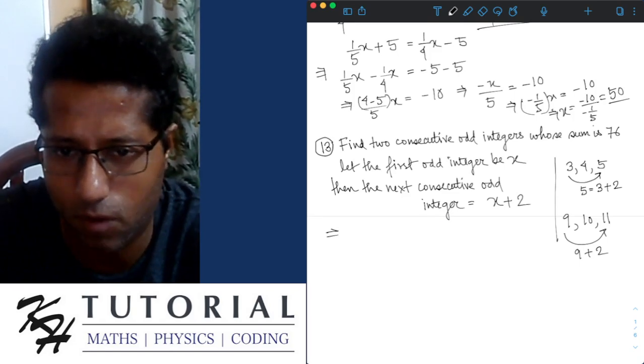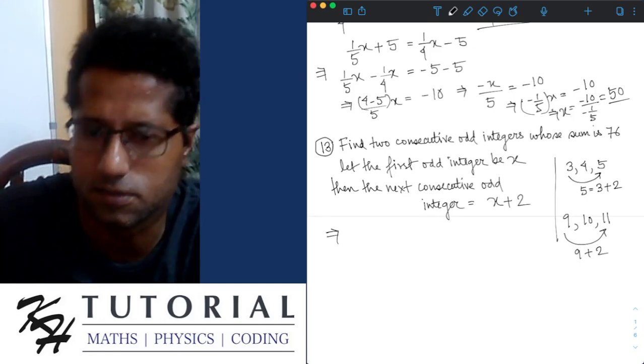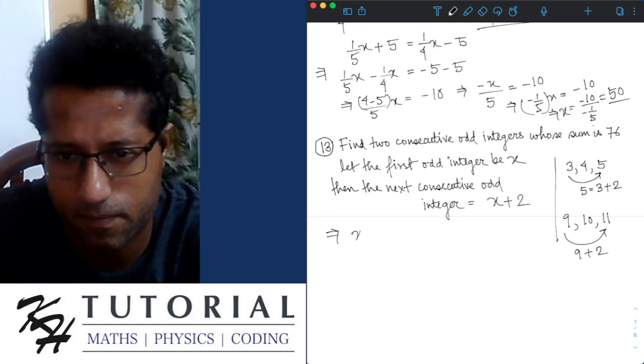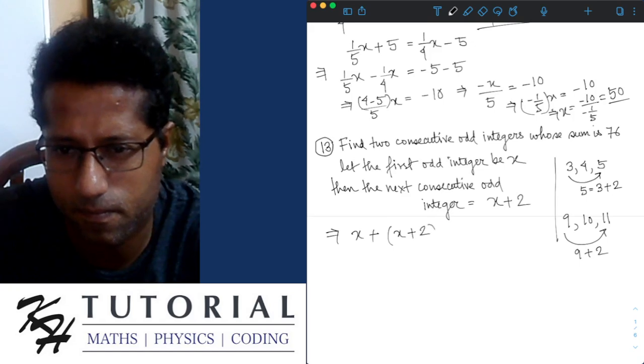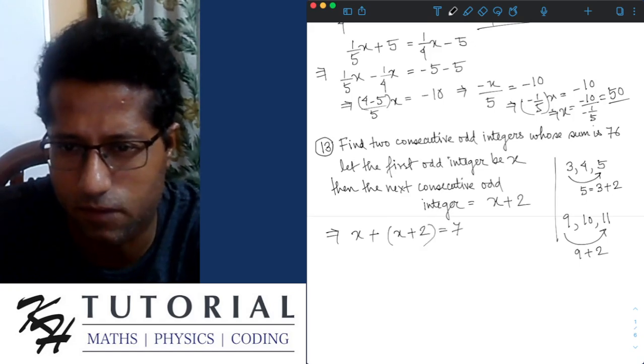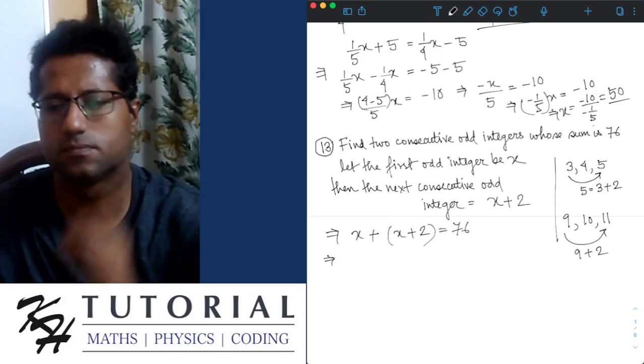Now as per the problem, it is given that the sum of the two consecutive odd integers is 76. So we can say that x plus x plus 2 equals 76. Now we have to solve this linear equation.